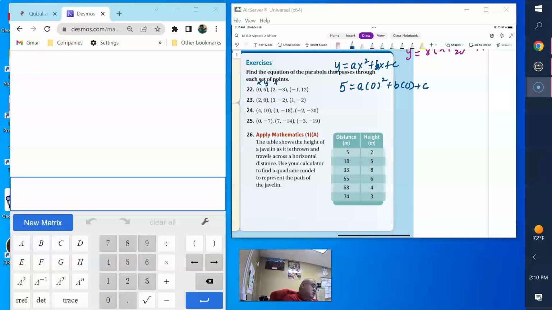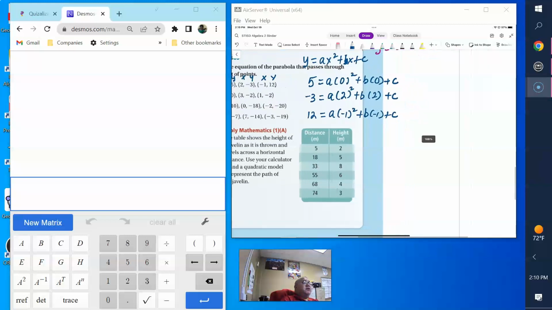We know that x is 2 and y is equal to negative 3, so we have negative 3 equals a times 2 squared plus b times 2 plus c. So that's our second equation. Now our third equation, we have x is equal to -1 and y is equal to 12. So you have 12 equals a times -1 squared plus b times -1 plus c.